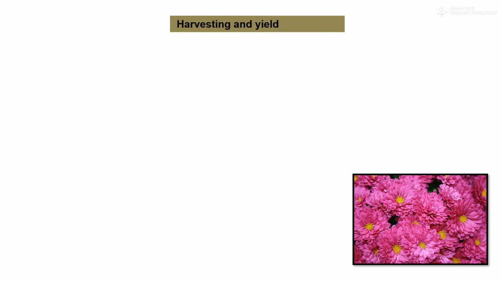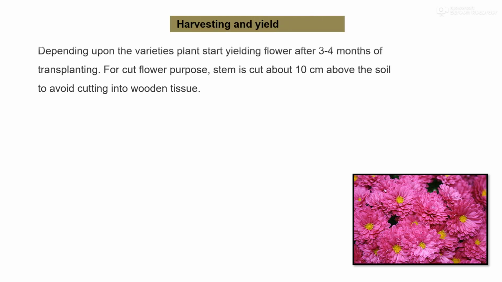Regarding the harvesting and yield of chrysanthemum, depending upon the variety, plants start yielding flowers 3 to 4 months after transplanting.